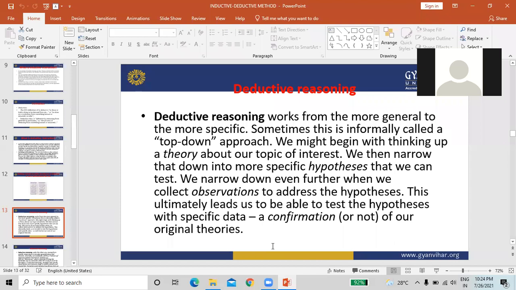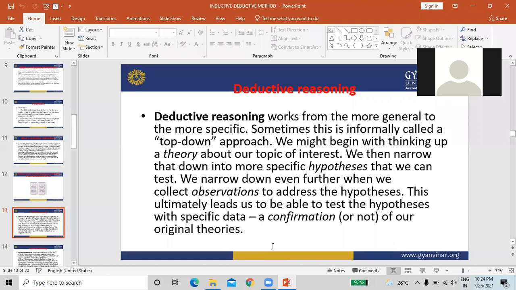Inductive arguments intend to support their conclusion only to some degree. The remaining premises do not necessitate the conclusion.